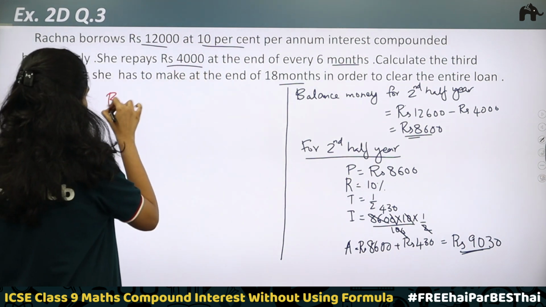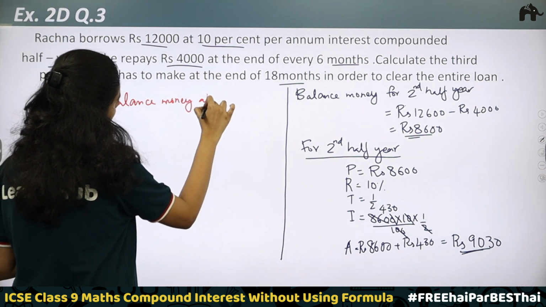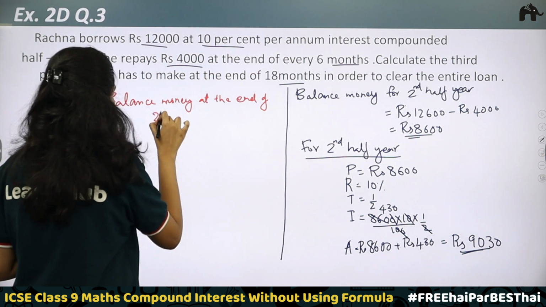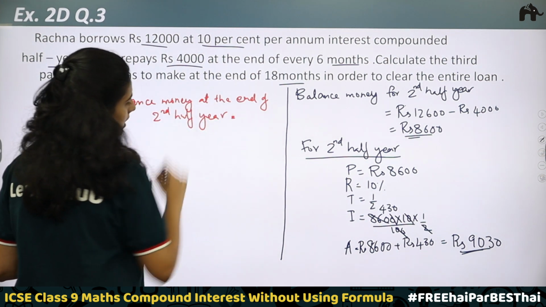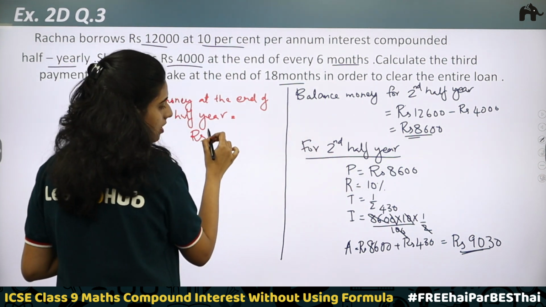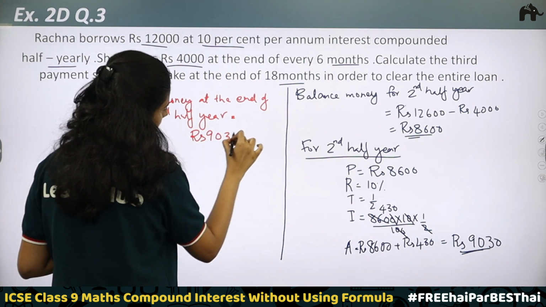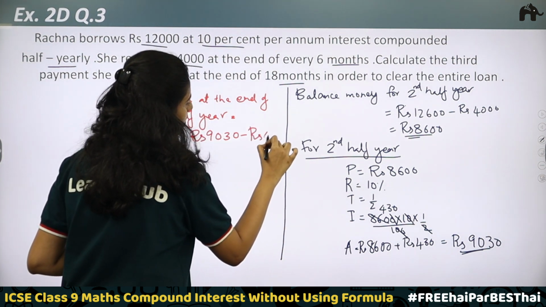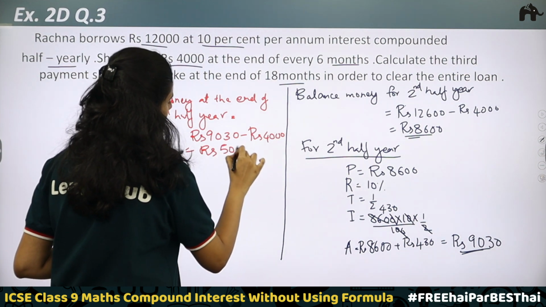Then the balance money at the end of second half year is equal to the amount, that is the principal amount, rupees 9,030, that is the amount that we get here, minus rupees 4,000, which is rupees 5,030.